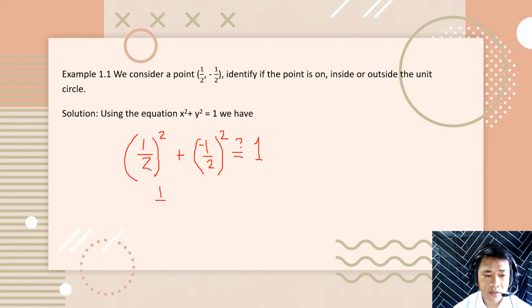So we have here 1/4 plus 1/4, and 1/4 plus 1/4 is 1/2. So we can say that 1/2 is less than 1. In this case, we can locate the point inside the unit circle.